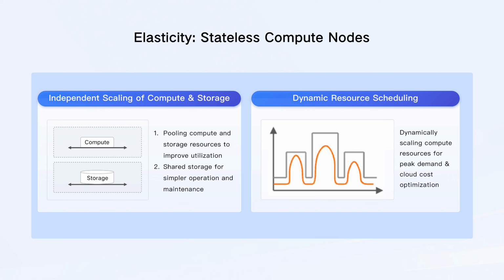This is made possible by the stateless BE nodes. Since data is stored in object storage or HDFS, compute and storage can scale independently. This means compute and storage resources can be scaled separately, so you will have much more efficient resource management.